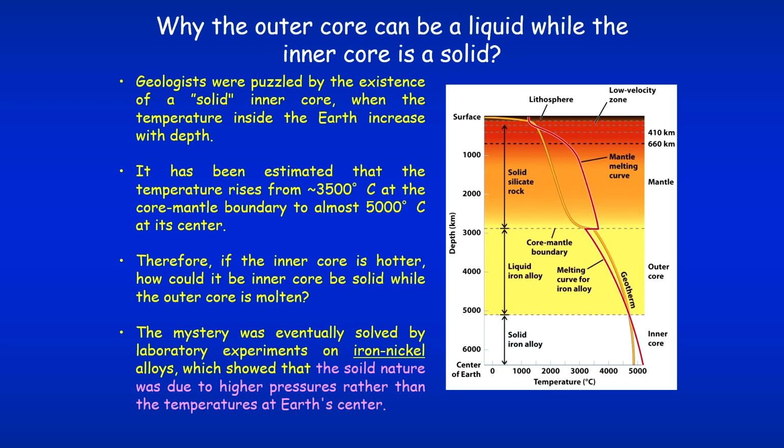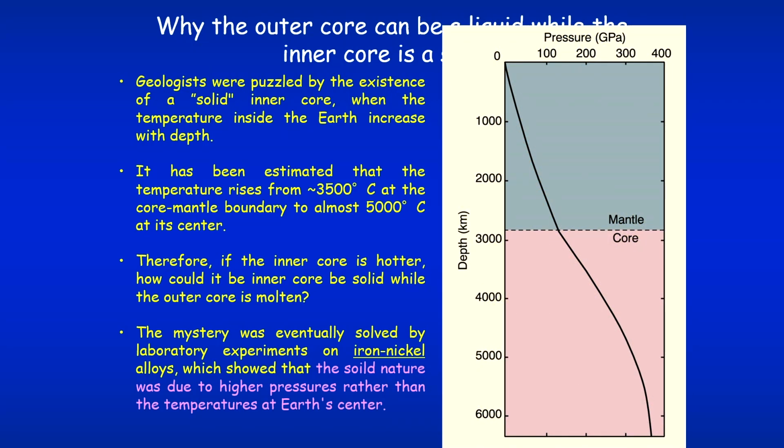This was sorted out based on the experiments. The temperature rises to around 5,000 degrees, and the pressure goes up to around 400 gigapascals, and that was the reason given for the solid inner core.